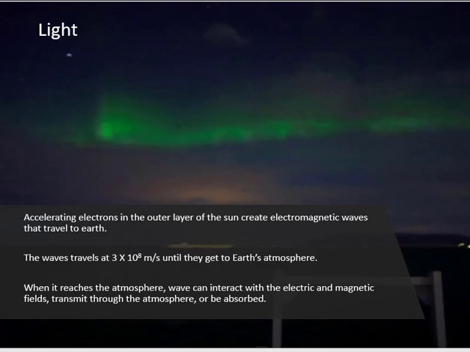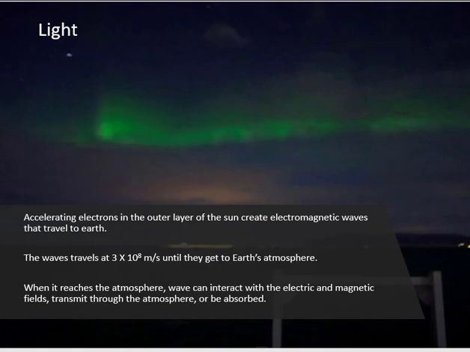When the electromagnetic waves reach Earth's atmosphere, there are a couple of different things they can do. They definitely interact with the electric and magnetic fields. It'll either allow certain frequencies to transmit through the atmosphere to the Earth's surface, or it will be absorbed.